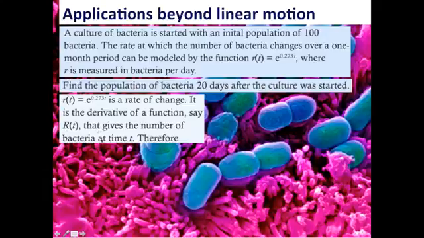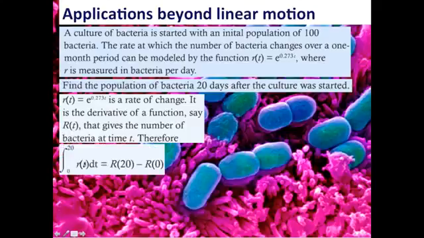That will give us the number of bacteria at time t, or more obviously the population. So we've got our rate of change here. If we integrate that between 0 and 20, we know that's going to be the same as the population after 20 days minus the population at time 0.